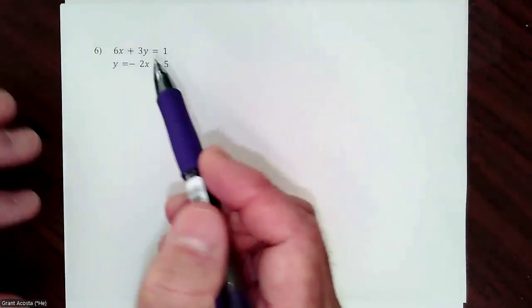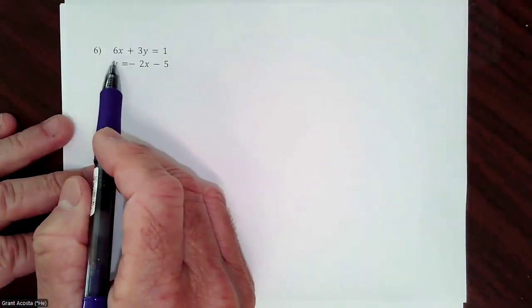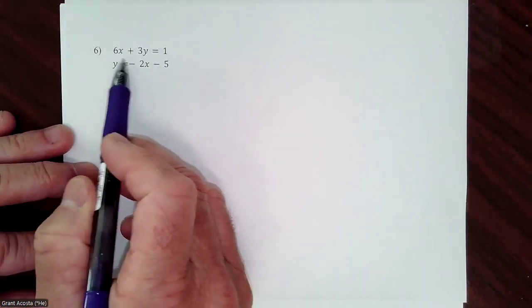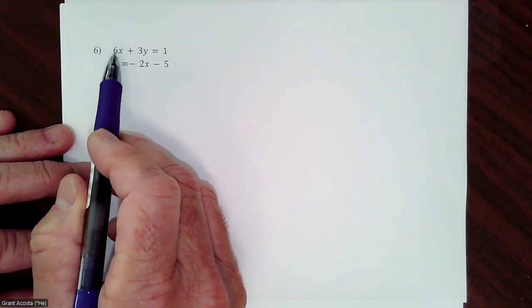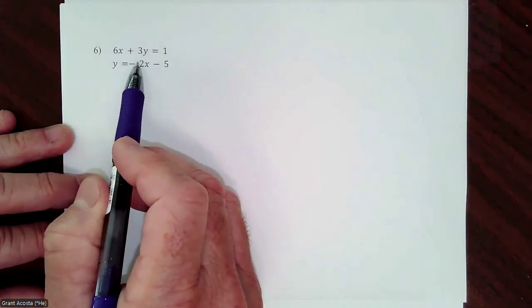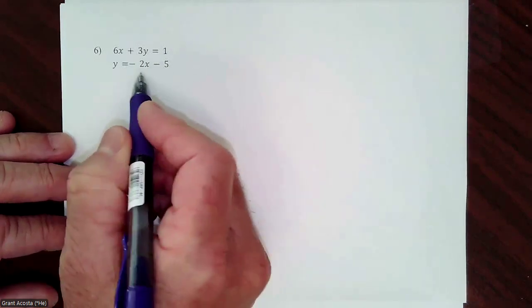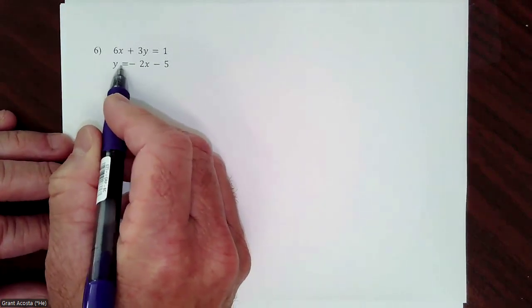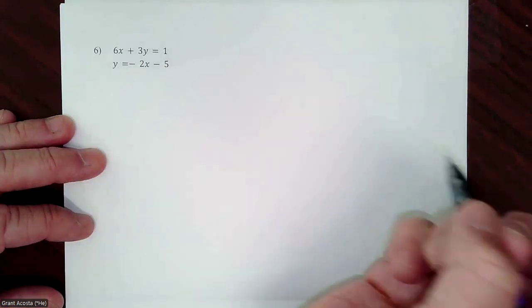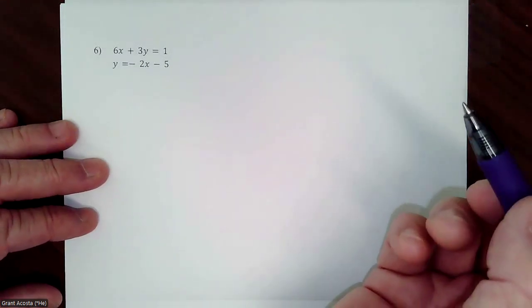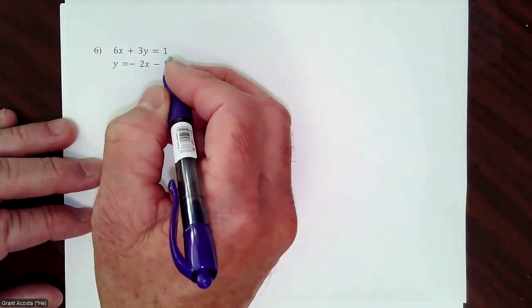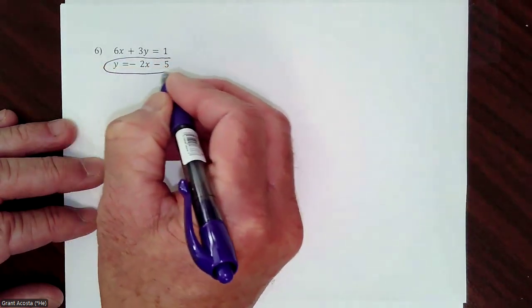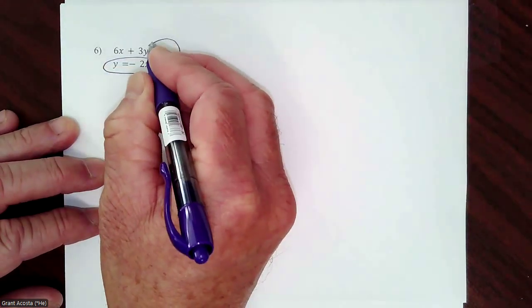Okay, so we've done some elimination. As I stated before, if one of the equations is easily solved for any of the variables, if you can isolate one of them, or if one of the equations literally is already solved for one of the variables, then it would probably be more efficient to use the substitution method, meaning I can just take this and substitute it into the first equation.